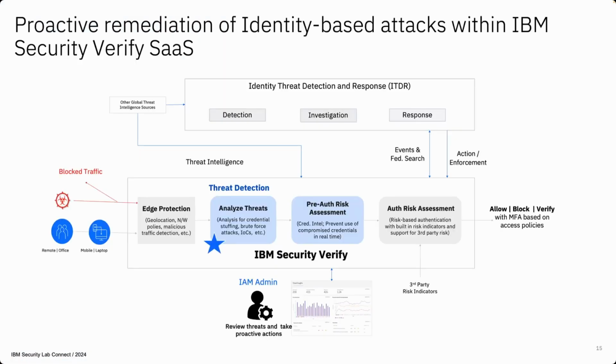So the next one is the proactive remediation, the threat analyzer and the threat detection. This actually happens before the user actually enters a username and password. What we look for is what IP address the user is coming from. Based on that IP address, we're able to assess the risk of that IP address as critical or as a warning severity.